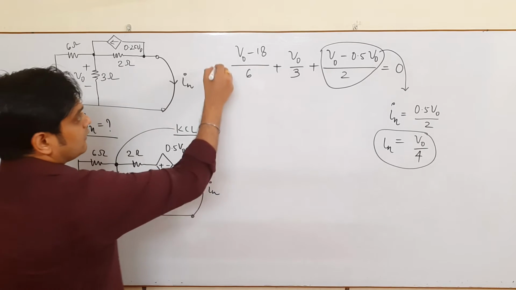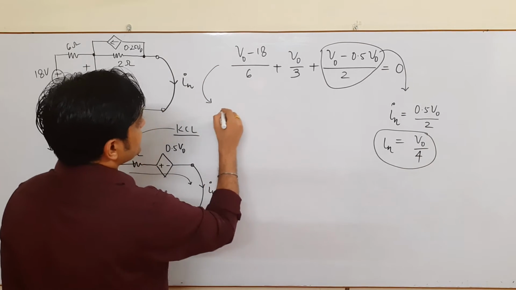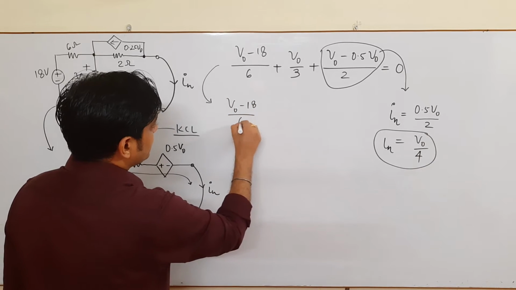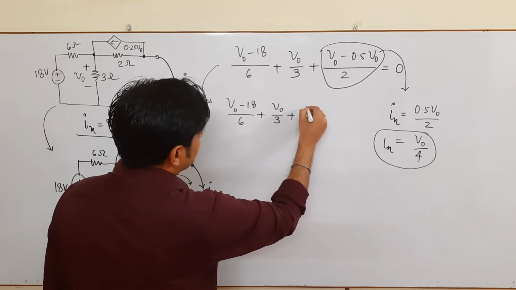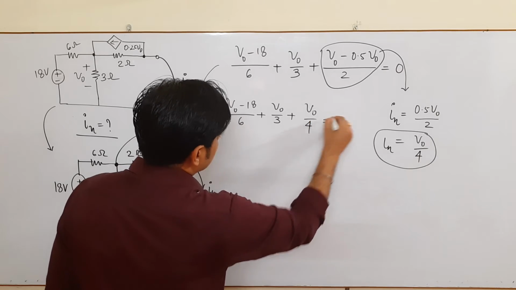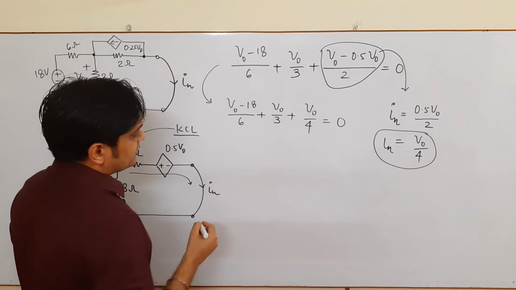So now we solve this equation. Okay, so it is V naught minus 18 divided by 6 plus V naught upon 3 plus, here I should write it as 0.5 V naught or V naught by 4, is equal to 0. Okay, just multiply it by 12.